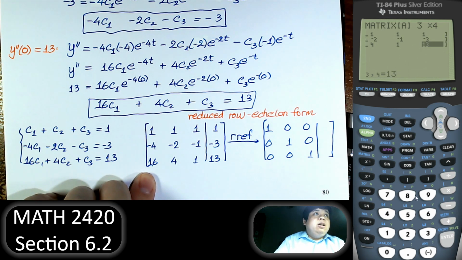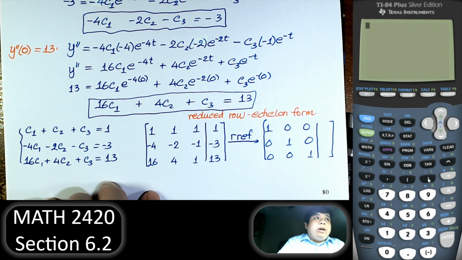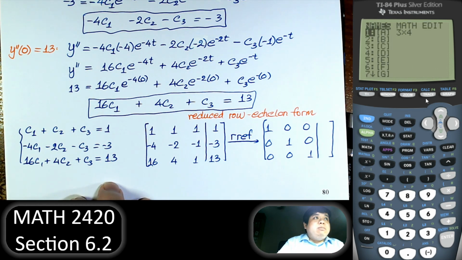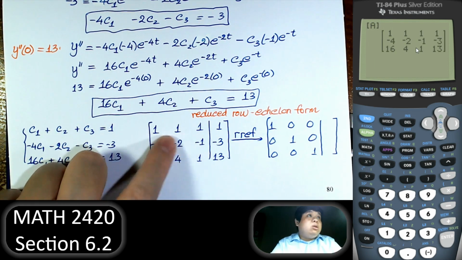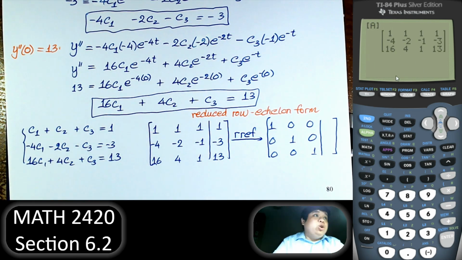When we're done, just hit second mode to quit. Now if we want to recall the matrix, hit second matrix under names. If we enter, we'll recall the matrix, and those are the values we have.